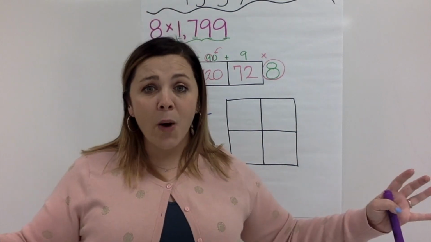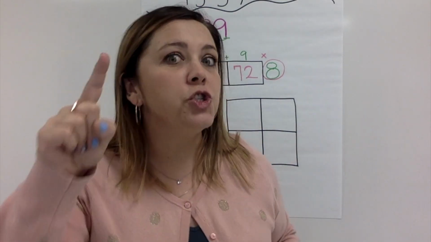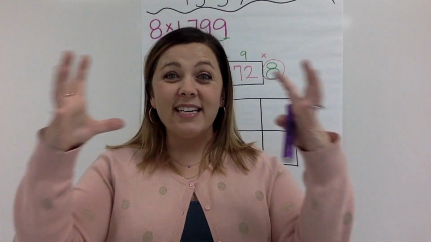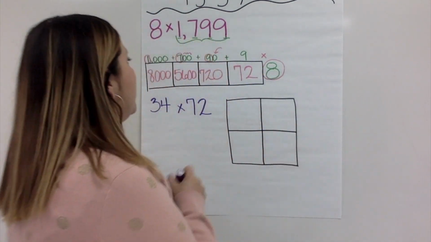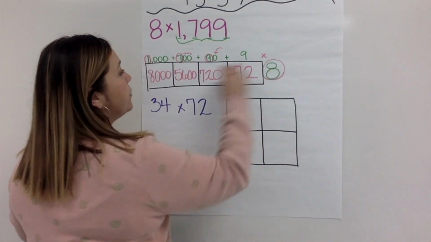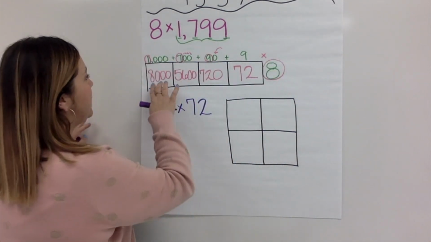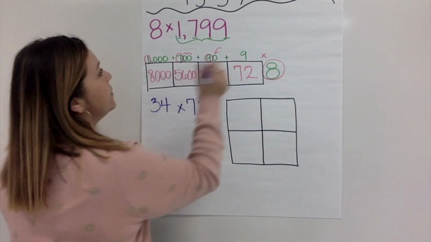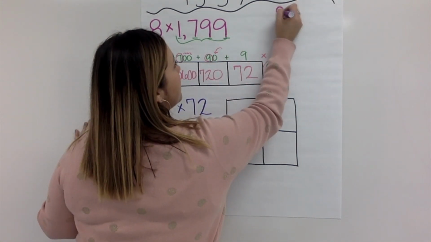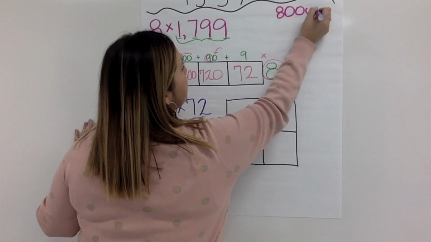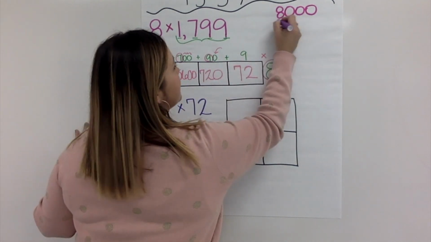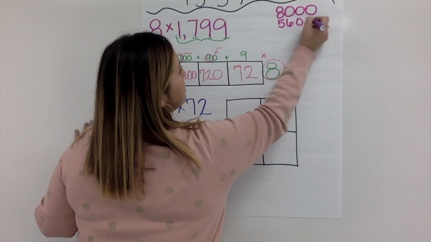So now, in order to figure out what that total product is, we've got to take them all and add them together. Very good. We're going to write them in order from largest to smallest, or greatest to least. So we've got 8,000. We have 5,600. Make sure you're lining those place values up.